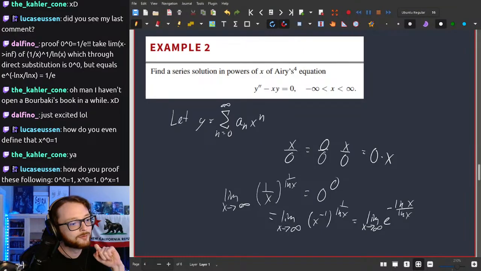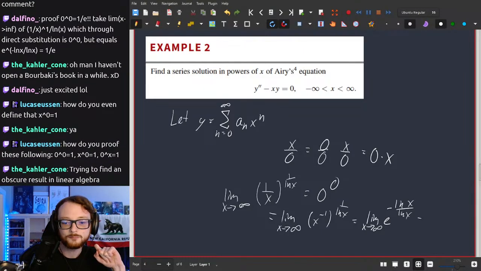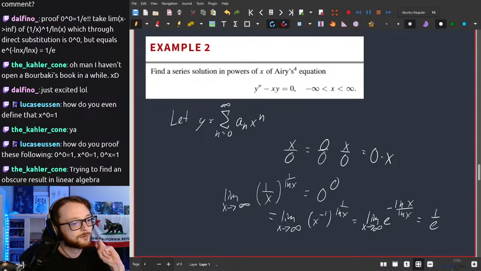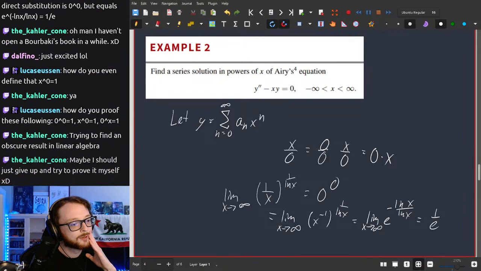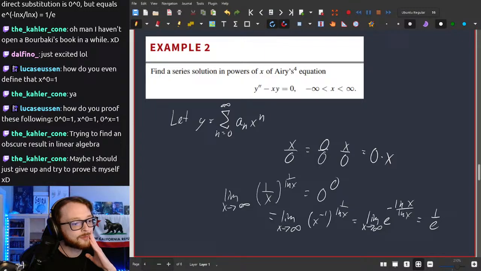Oh, wow. It's 1 over e. That's funny, yeah, I guess you can kind of get anything you want if you set up the right function. How do you even define that x to the 0 equals 1? How do you prove the following? 0 to the 0 is 1, x to the 0 is 1, 0 to the x is 1. That obscure result in linear algebra, you just give up and try to prove it yourself.